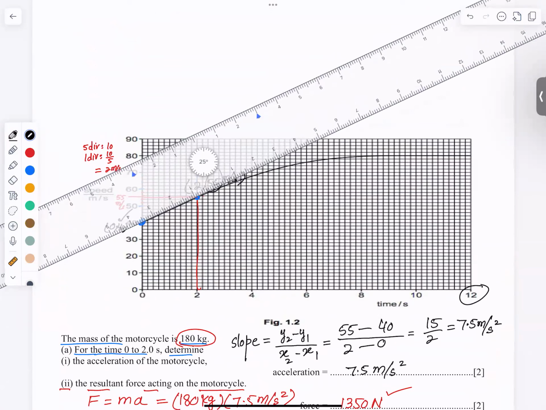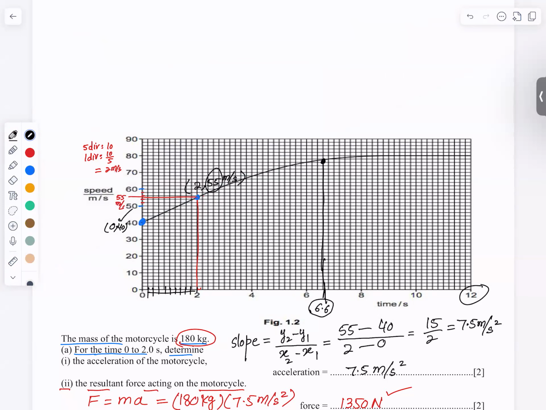Then it is decreasing acceleration. Then at this point, what is the value of time? Every division of time represents, as you see, in 10 divisions we have 2. 1, 2, 3, 4, 5, 6, 7, 8, 9, 10. Every division is 0.2. So here it's 6.2, 6.4, 6.6. So logically it's a point that is 6.6 second.